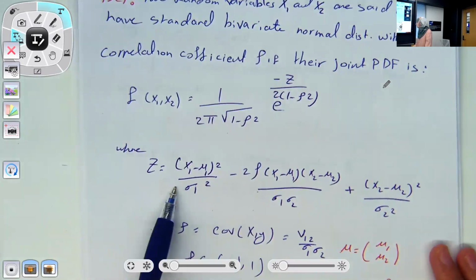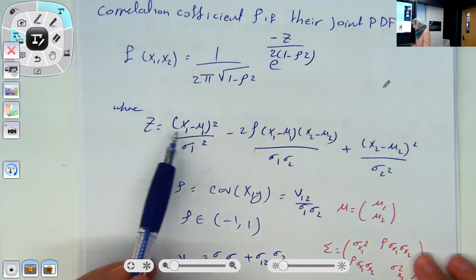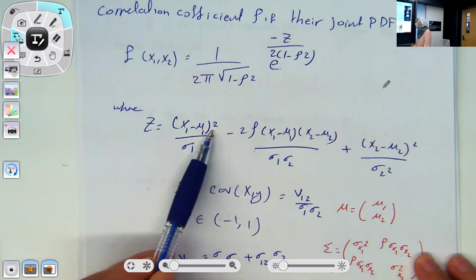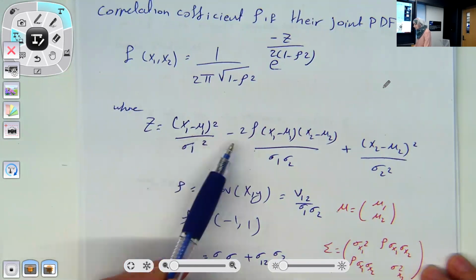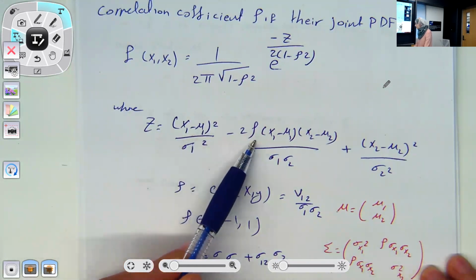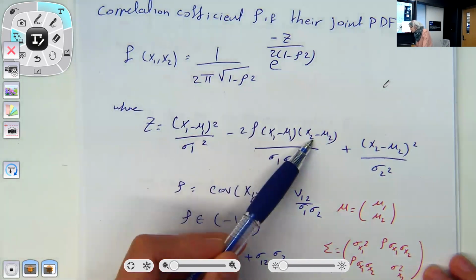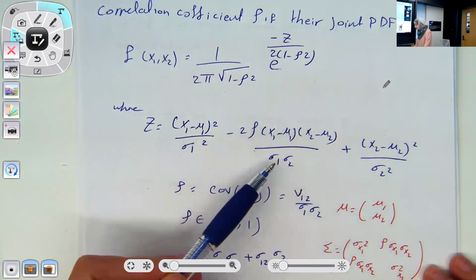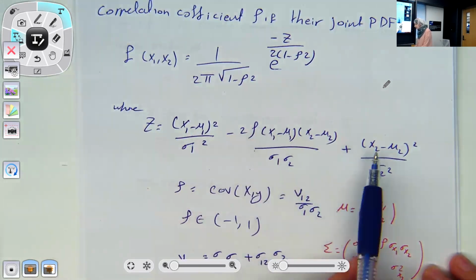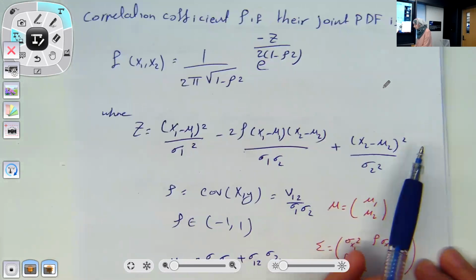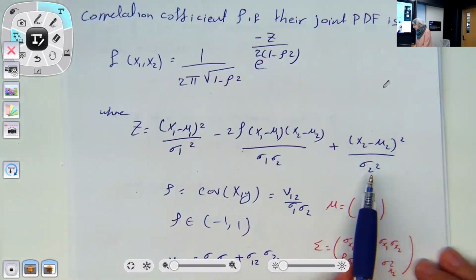The value of z is given by x1 minus mu1 squared divided by sigma 1 squared, minus 2 rho times x1 minus mu1 times x2 minus mu2, divided by sigma 1 sigma 2, plus x2 minus mu2 squared divided by sigma 2 squared.